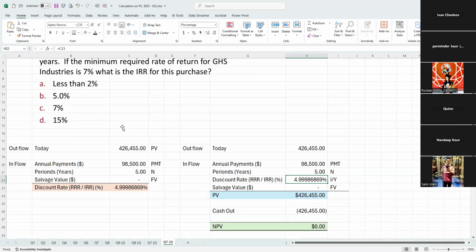Talk to me, people. Yes, sir. Did we get 7%? No. How much did we get? 4.99%. Almost 5%, right? So shall we accept it or not?